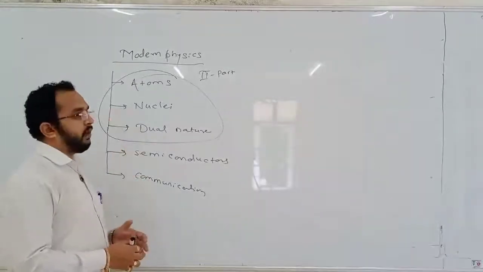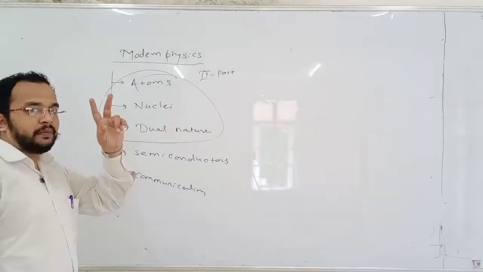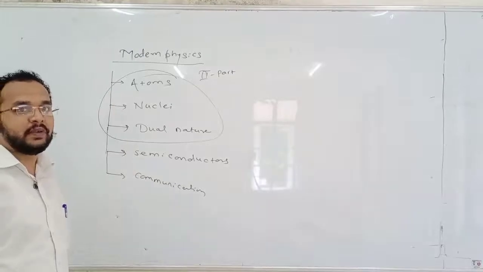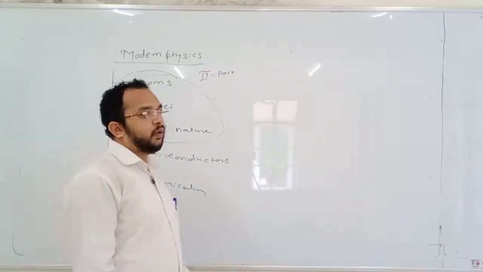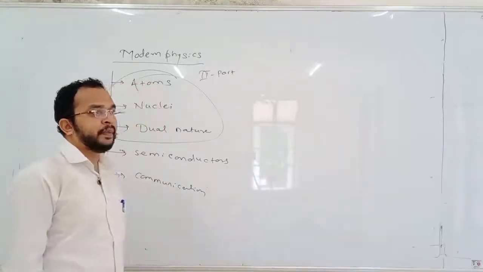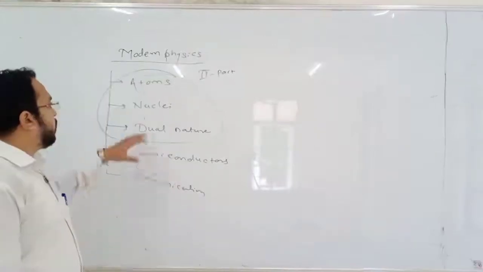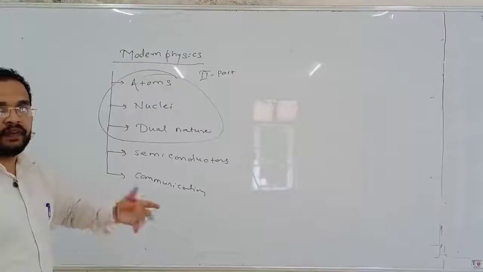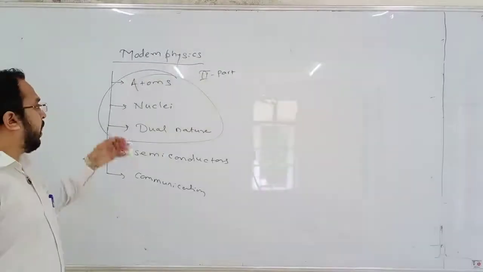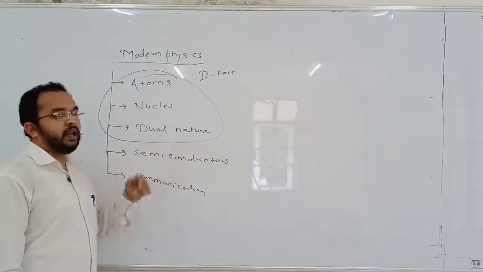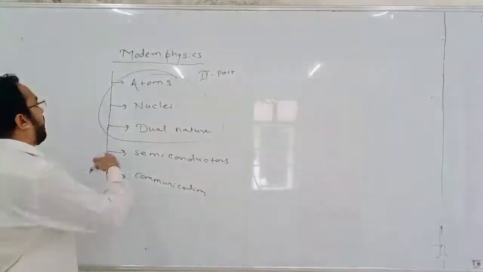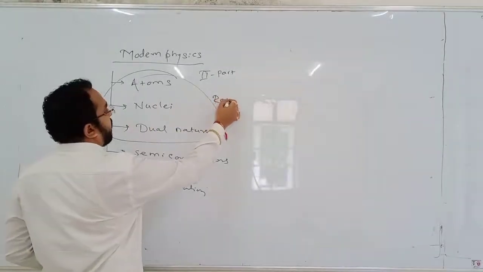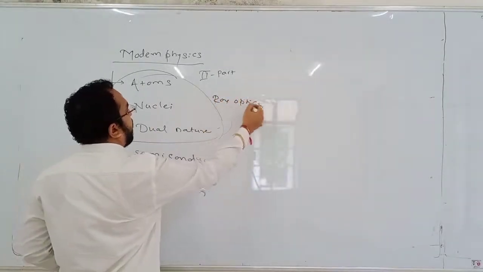Now this is the second part. Inside the second part, 2 chapters we have studied, that are ray optics and wave optics. When you go for ray optics and wave optics, those are also used for research when you go for BSc, MSc and further research in physics. Also atoms, nuclei and dual nature, these 3 chapters with ray optics and wave optics.